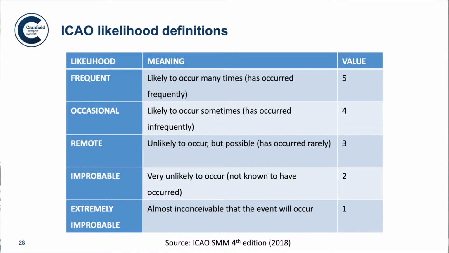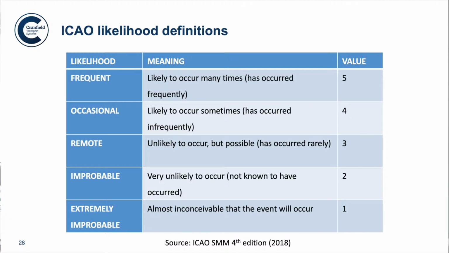And this makes it difficult to actually use risk matrices properly. It could be that you need to decide, depending on the context that you're using, how you actually understand these definitions and meanings. But it's not particularly helpful there.